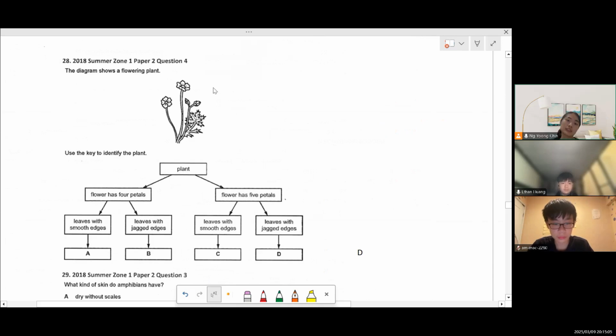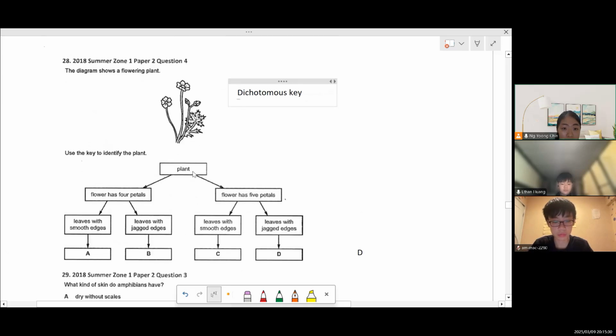So this is actually the classification of the organism by using dichotomous key. What is meant by dichotomous key? Which we are going to learn today, it is a kind of classification method which groups the organism with the same characteristic, same external feature together in one group.